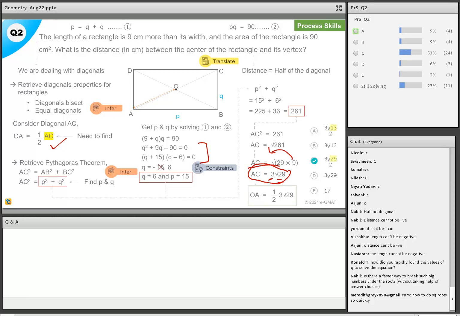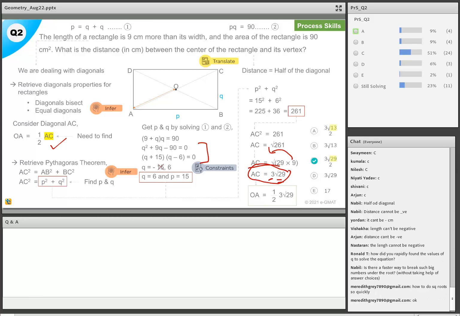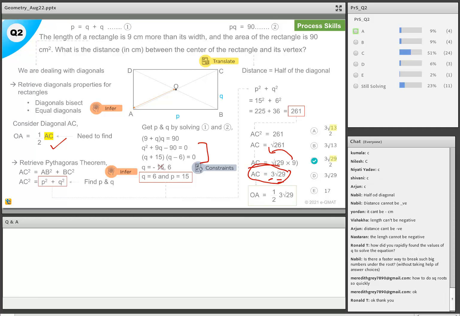How to do square root so quickly? Very good question. Again, for this question, we took help of the numbers that we had in the options. Nabil also had the same question. Understand that GMAT won't test you on your calculation speeds. So the numbers that you would find in your questions would not be this difficult.